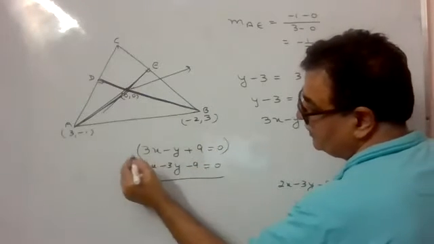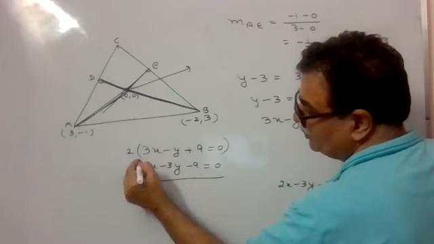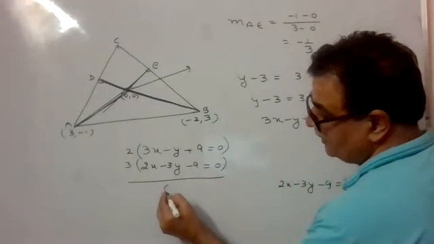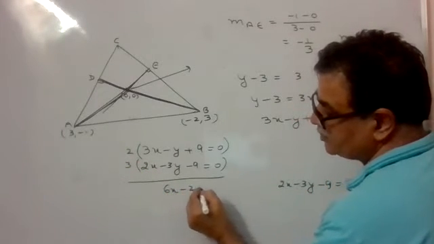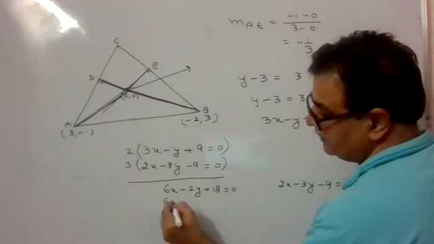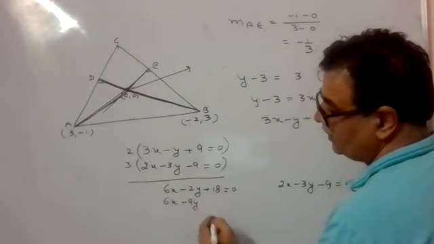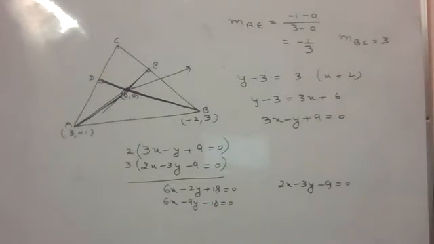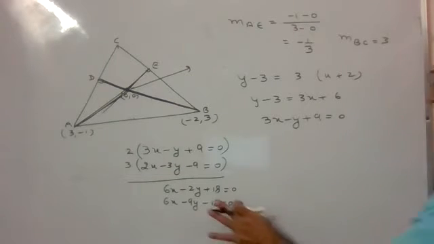Then here we will multiply this by 2 and this by 3. So I got 6x minus 2y plus 18 equals 0, and 6x minus 9y minus 27 equals 0.